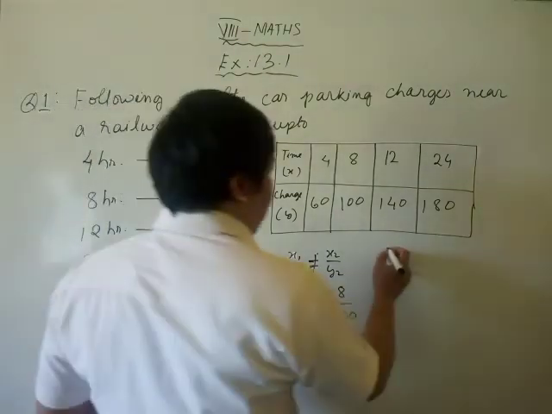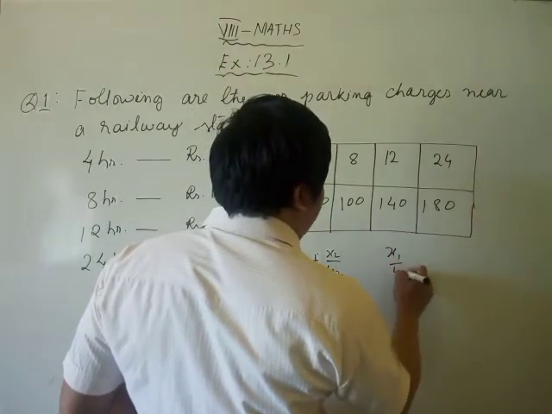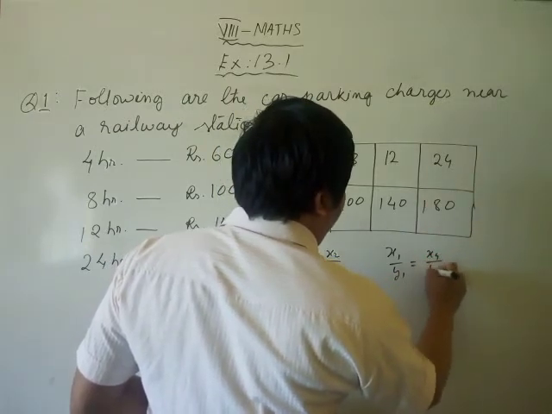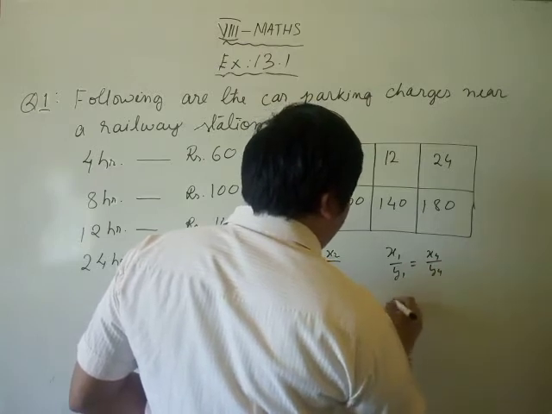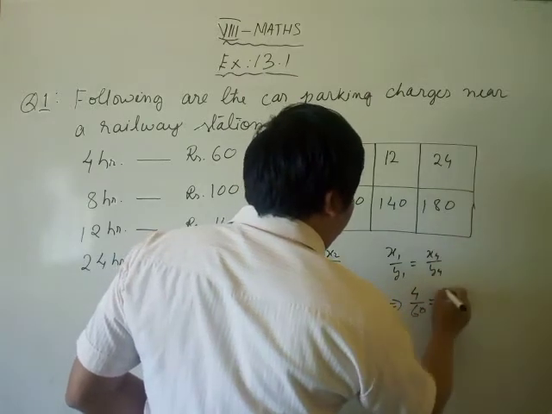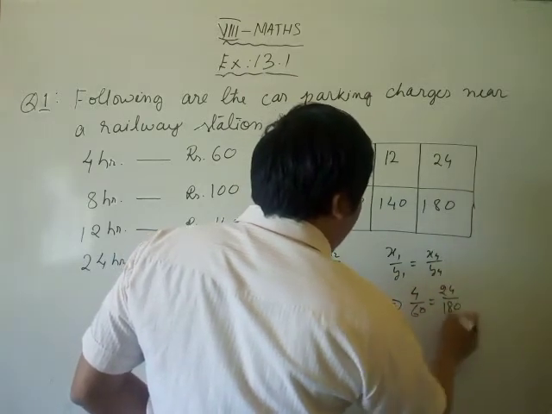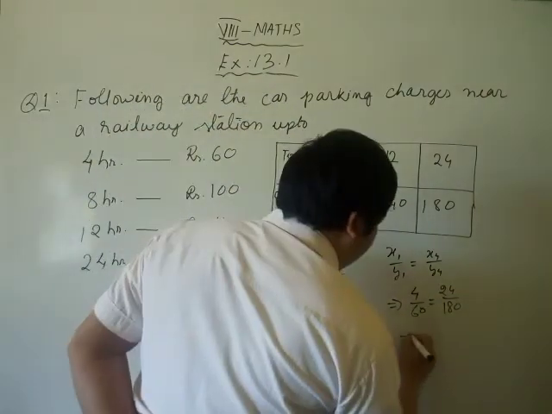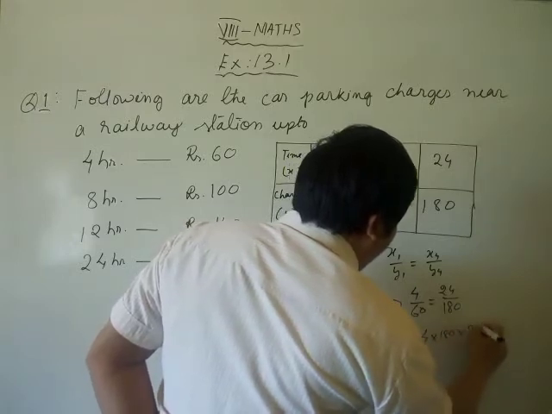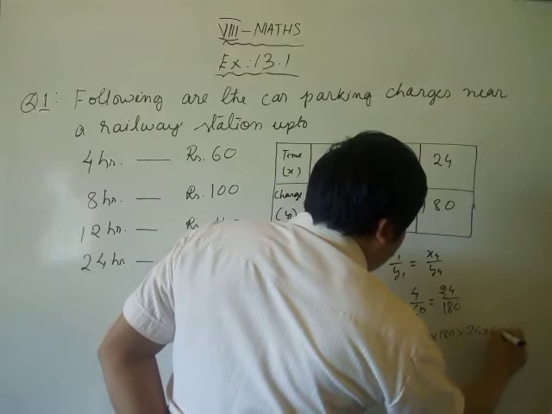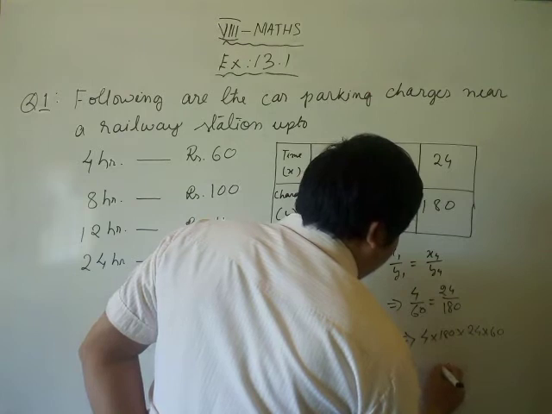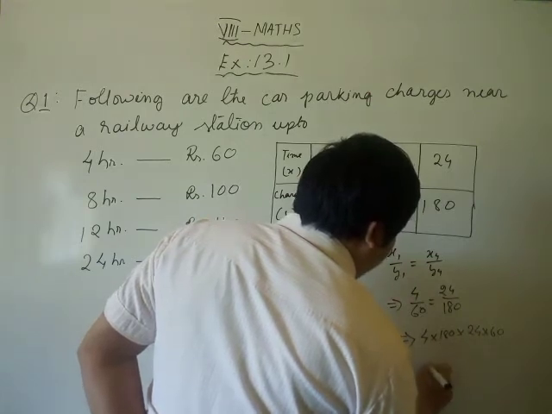Again, you can check x1 by y1 equal to x4 by y4. Here they are proportional or not? Let us see. This will be 4 by 60, isn't it? Equal to here 24 by 180. Let us see. It implies 4 into 180 and 24 into 60. Now 4 0s are 0, 4 8s are 32, 3 in hand, 4, 7.